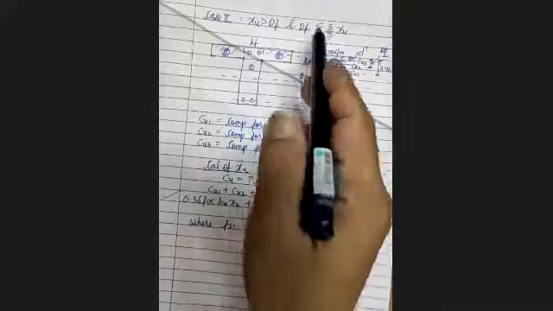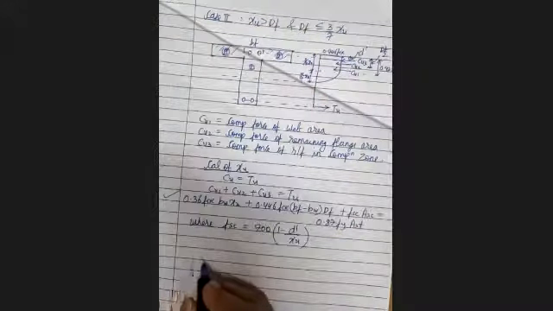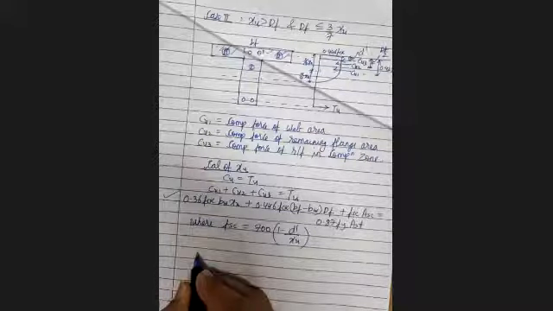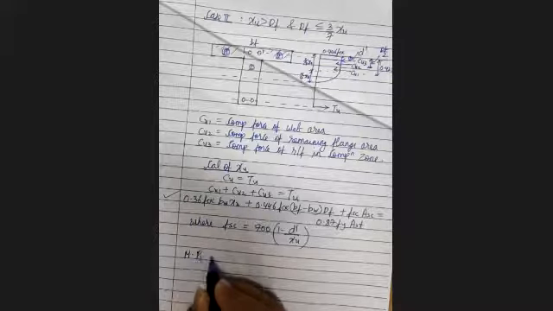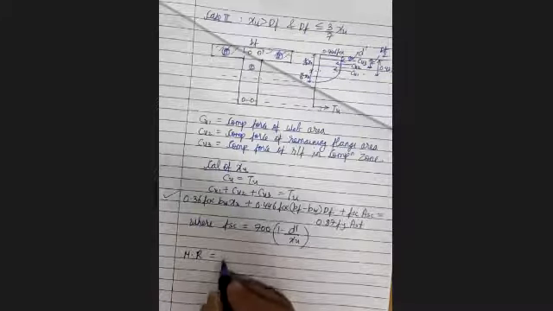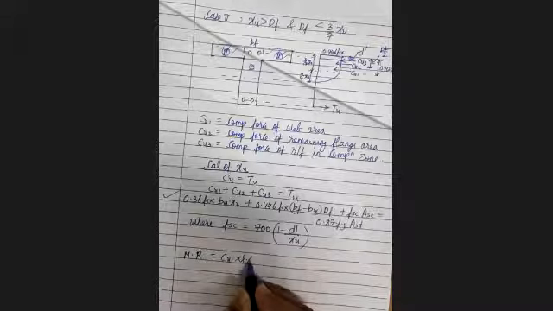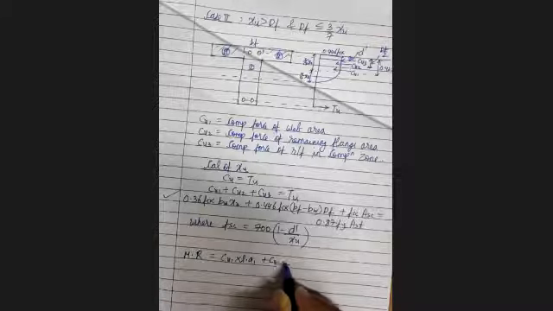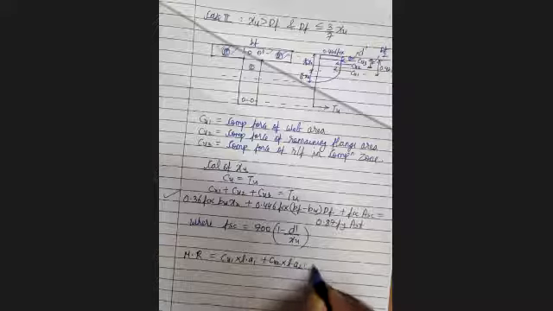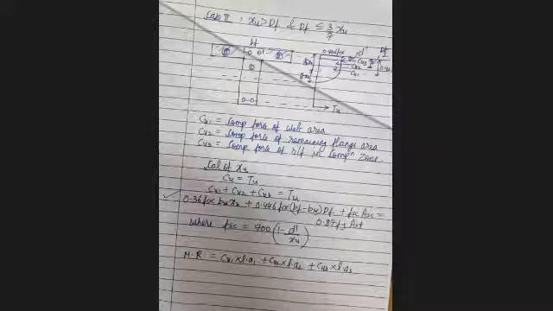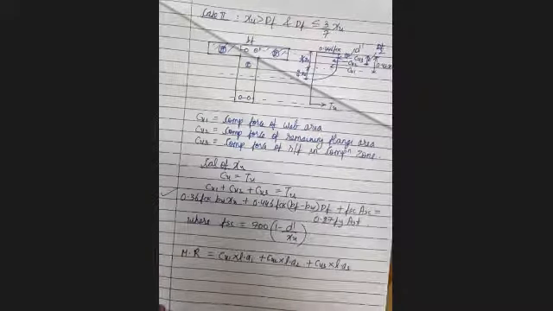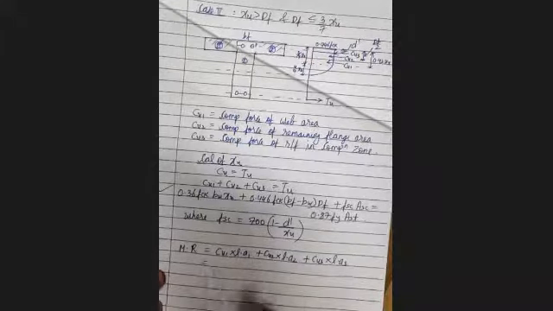So now if this assumption becomes correct, then what will your equation of MR become? It will become Cu1 into lever arm 1 plus Cu2 into lever arm 2 plus Cu3 into lever arm 3. Now just give me the equation for this.